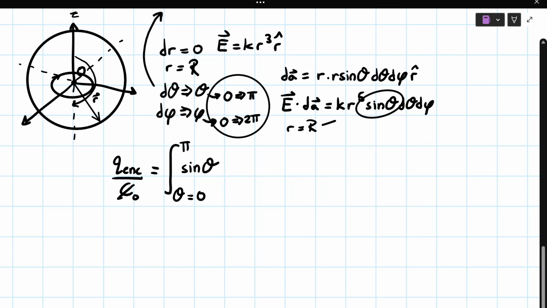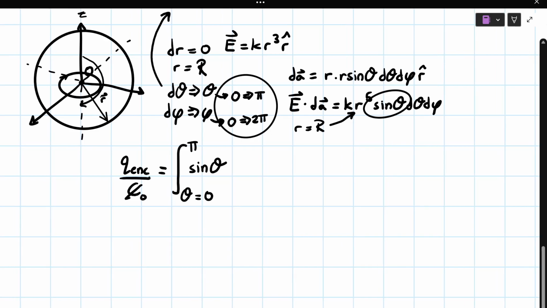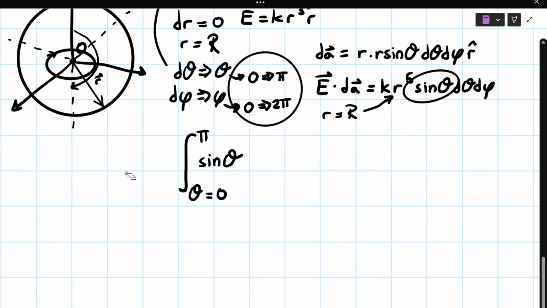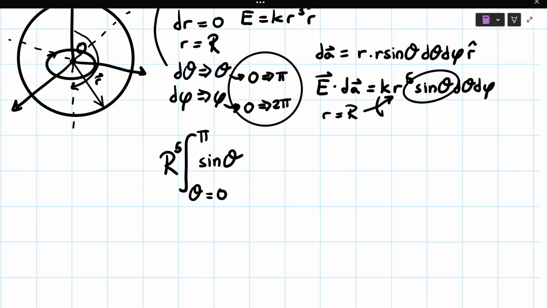So we're just going to plug in capital R where the little r's are, and then we can pull them out as a constant. So I'm going to do that first. This is capital R to the 5th, and that comes out. We can also apply linearity to this constant k, to denote that k is constant. So I'm going to pull k out.